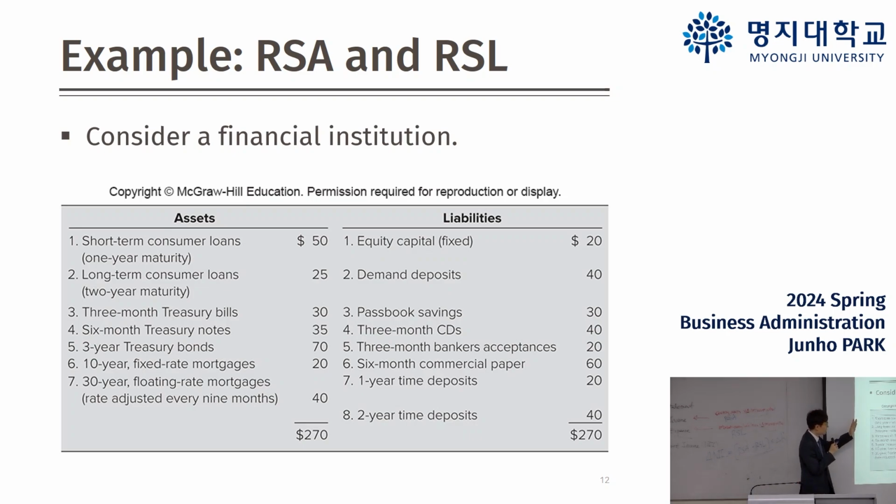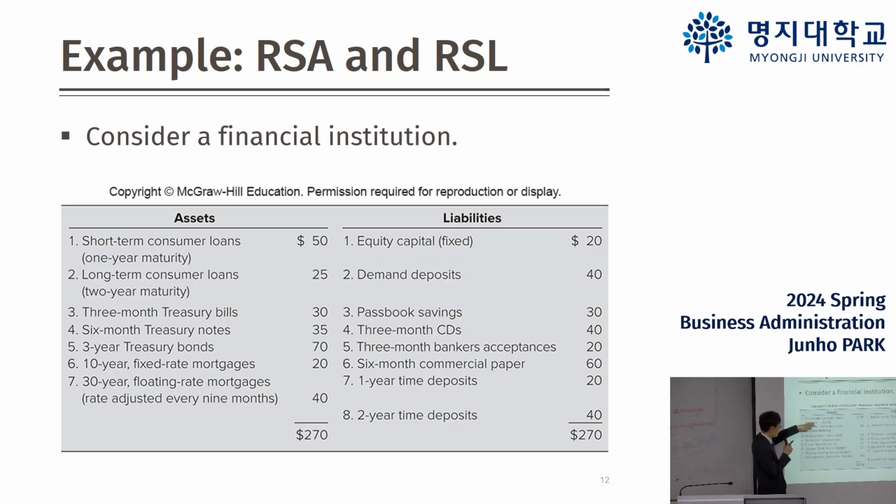Let's look at the asset side. First, we have short-term consumer loans. So these are loans lended to individuals, and the maturity is 1 year. Obviously, we should include it because the loans have interest and the maturity is 1 year, so it is included in the bucket.